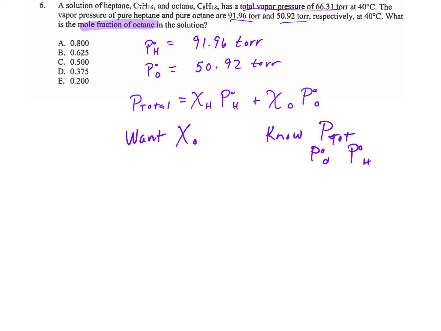Let me just write the answer. 1 is equal to the mole fraction of the heptane plus the mole fraction of the octane. Okay? These are fractions, right? So the two components make up the whole. That's what that's saying. Whatever amount of heptane plus whatever amount of octane is equal to 1. So we can actually solve for mole fraction of octane. It's going to be equal to 1 minus the mole fraction of heptane.